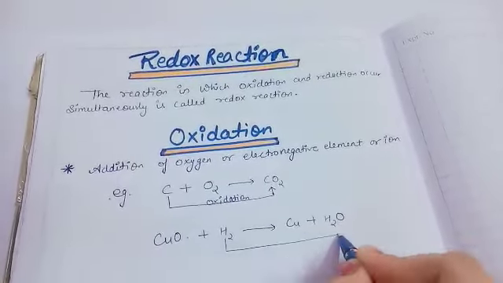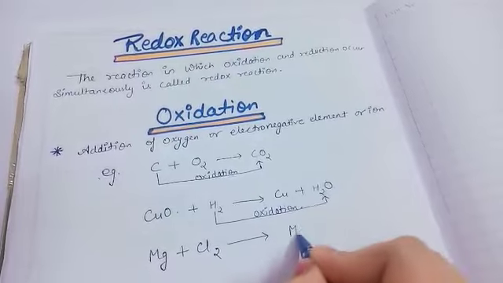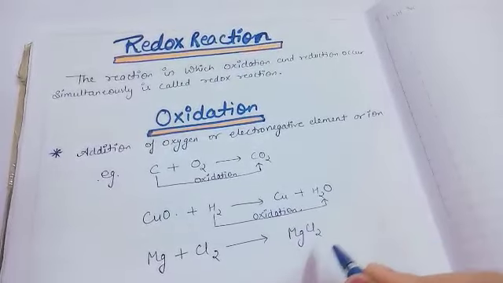Now another one is addition of an electronegative element. So either it's addition of oxygen or an electronegative element. You can take one example: magnesium plus chlorine becomes MgCl2.